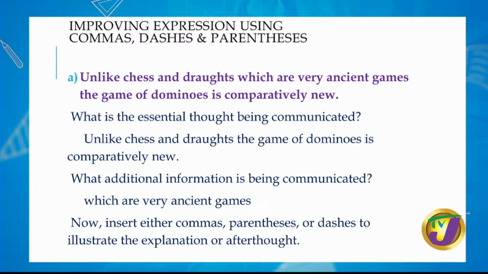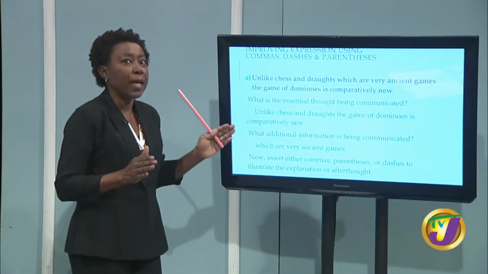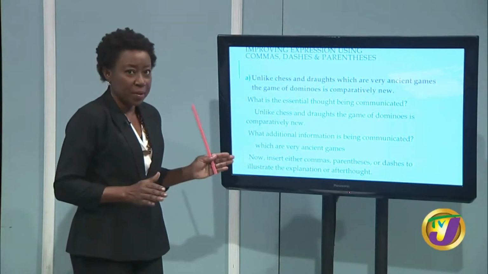Now study the sentence. The first thing you want to do is to identify what is the essential thought in the sentence. This long sentence, it has more than one thought, but one of them is parenthesis.